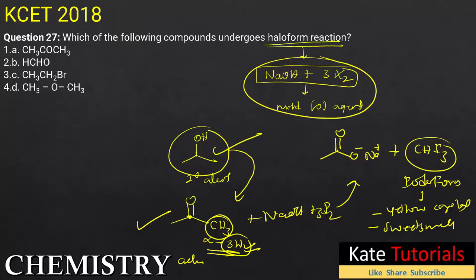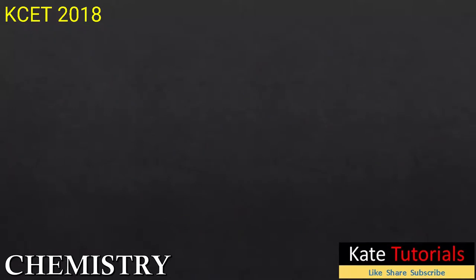See, here I have an aldehyde, it doesn't give it. Here I have ethyl bromide, this also doesn't give the iodoform test. This is an ether, CH3OCH3, this also doesn't give. So the correct option is CH3COCH3, that is acetone. Same thing I have done, so this will give the iodoform test. So the 27th answer is A.